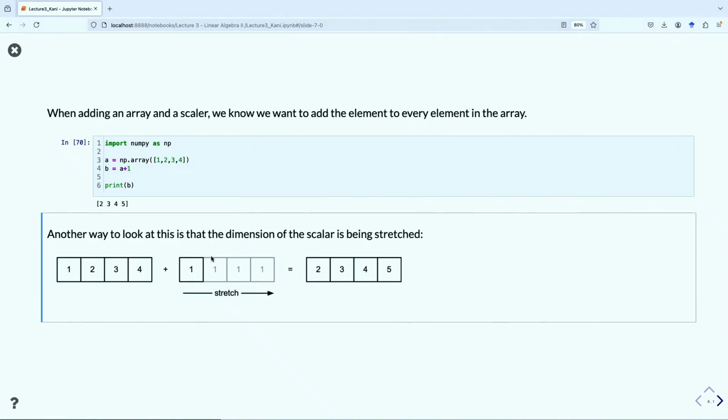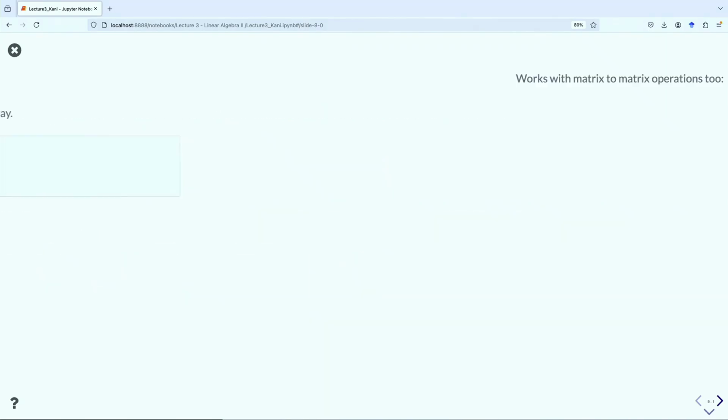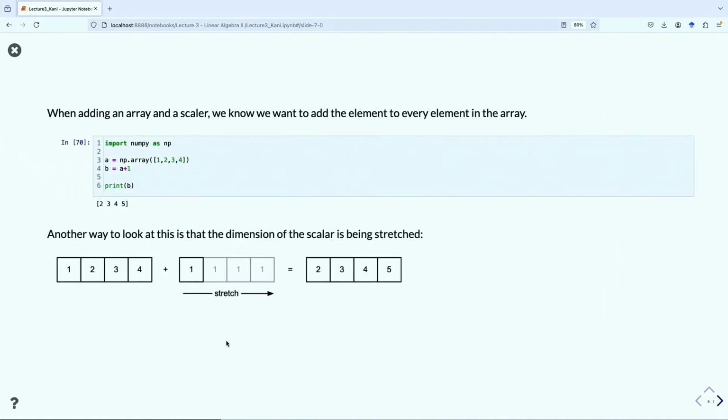But Python is looking at that scalar and saying, I want to add that scalar to each element, but they're not the same dimension. So maybe I could stretch the scalar so that the dimensions of the two match, and then I could add them the way I would add any other two vectors, right? So this is what's known as broadcasting.